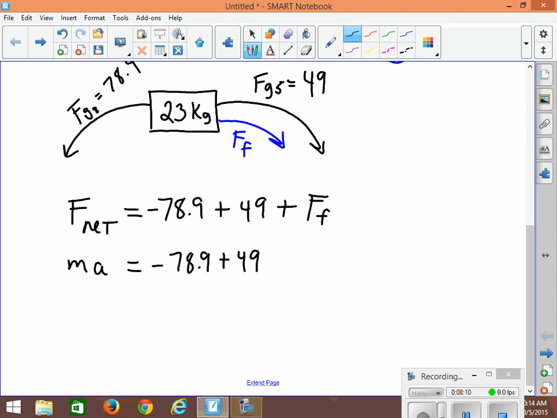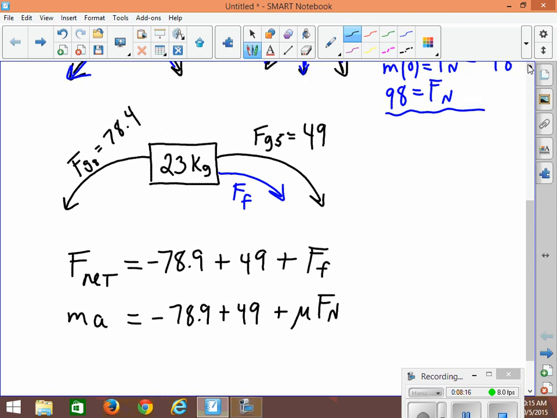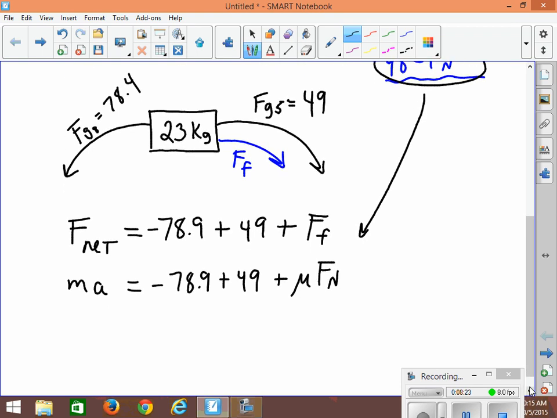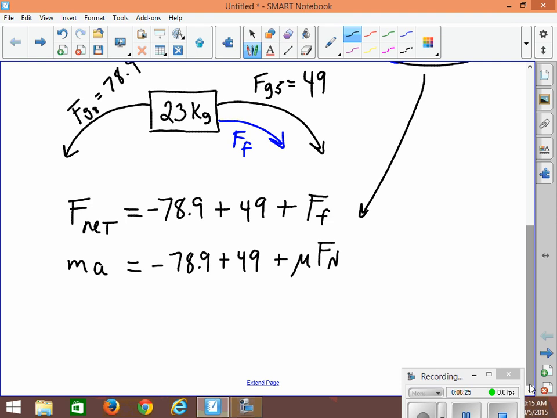Pretty much. Okay, and then mu Fn is what we put in here. That's why we did this little bit of work up here, because that's our normal force. So we're going to bring that down. And we have a mu is 0.2. So if we do a little bit of math, the mass of this is 23, so we get 23A equals, and let's see, 78.9, and then 49 is going to be pretty close to 30.